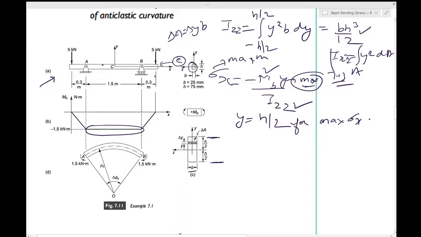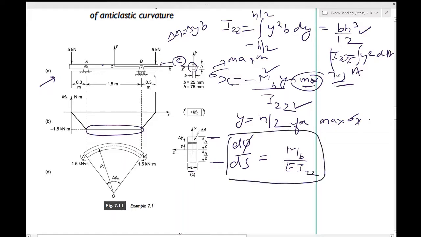So for this, let's start using equation 714, which is d phi by ds, and that is equal to Mb by E IZZ. Okay, so this is something which is known.